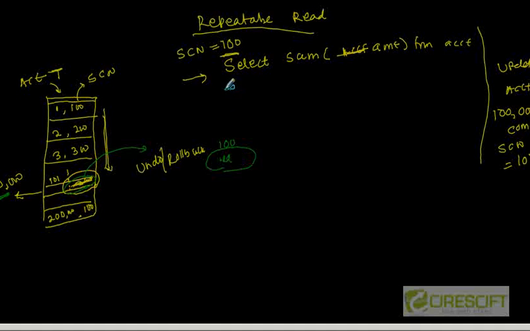In this way Oracle is going to give you a repeatable read anytime you read. This is what we call the multi-versioning system in Oracle.